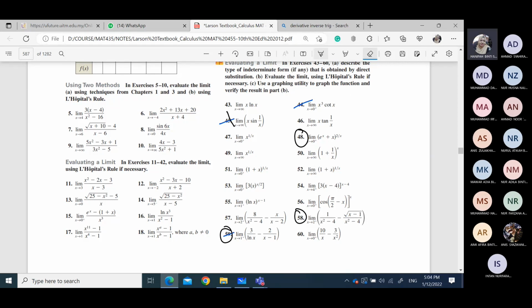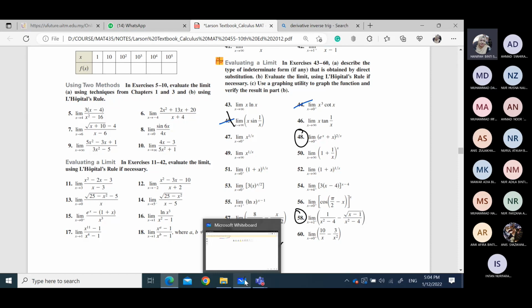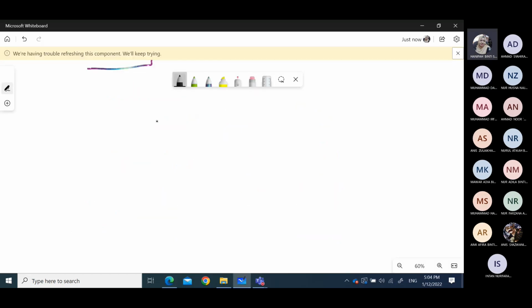Okay, so we look at 58. The last one, you can do it yourself. The answer is at the back, as your exercise. Now look at 58.